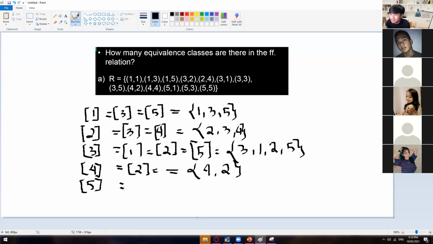They are the same, since in a set, order doesn't matter. And for 5, 5 is related to 1. What else? 5 is related to 3. No more. So this one is a class of 5, 1, 3.